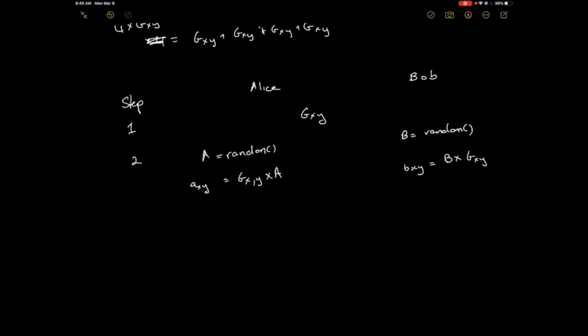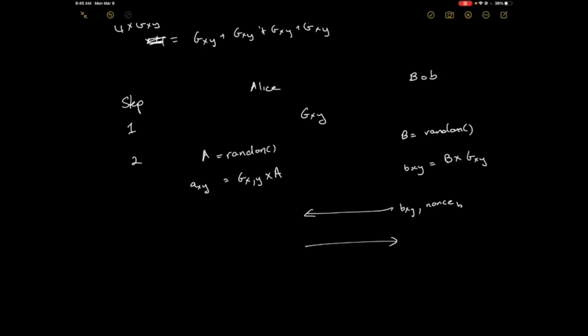And then they'll go ahead and share their keys. That's important. So Bob is going to share his public point, B x y, and a nonce to prevent replay attacks. And Alice is going to do the same.